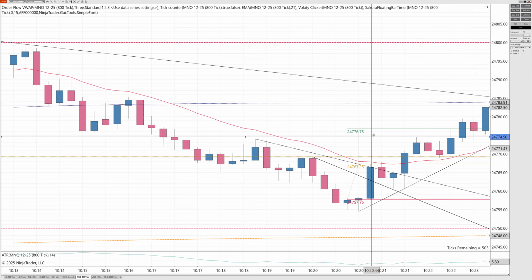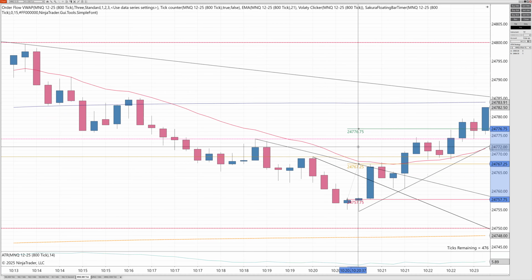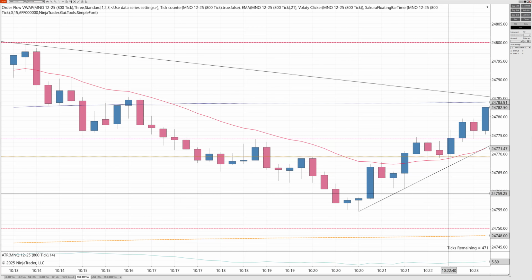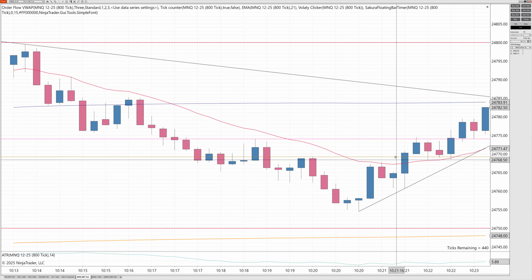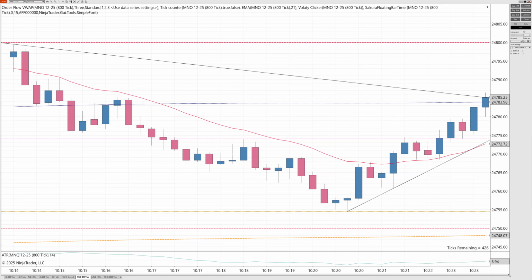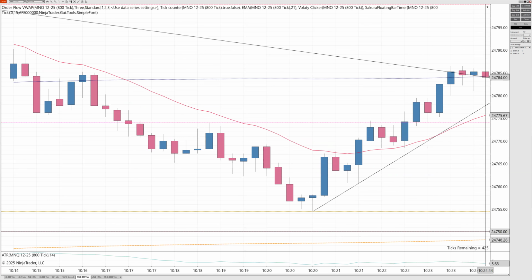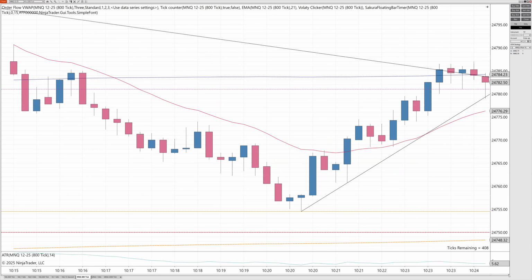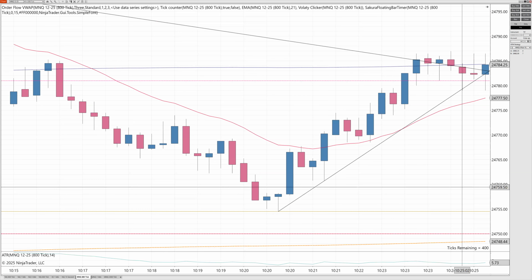So the runner is now right there. And the golden ruler is now below us. Runner is up here. Runner was just taken out.